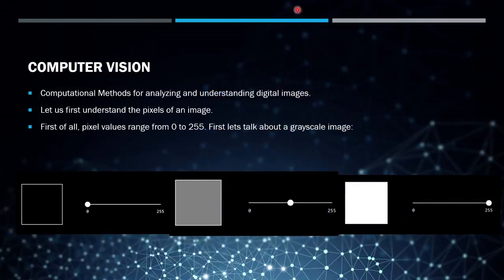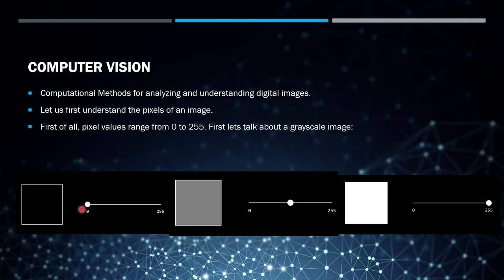Computer vision is basically a set of computational methods for analyzing and understanding digital images. Let us first understand that an image is basically made of pixels. You all know that, right? And the pixel value is an integer which ranges from 0 to 255. If we are talking about a grayscale image, what does a grayscale image mean? It basically has only black and white.